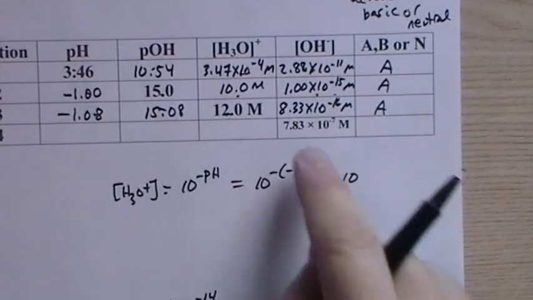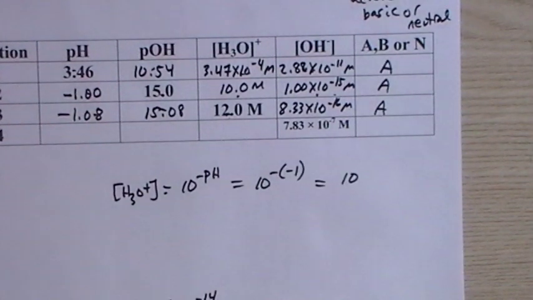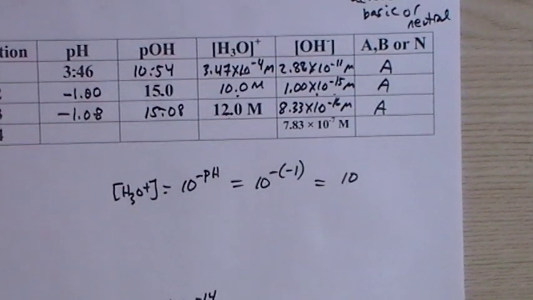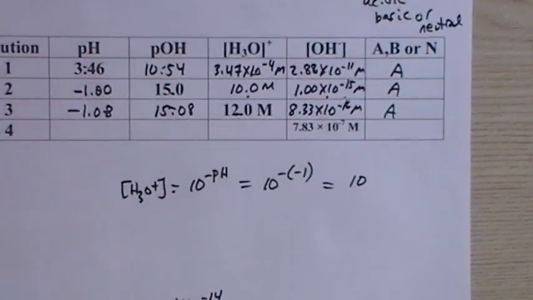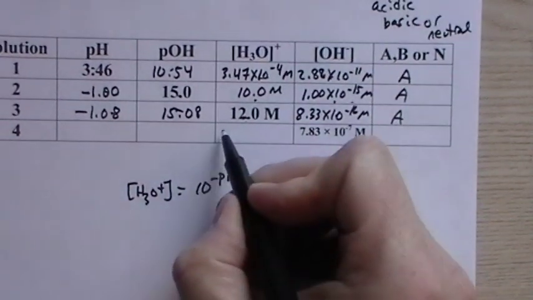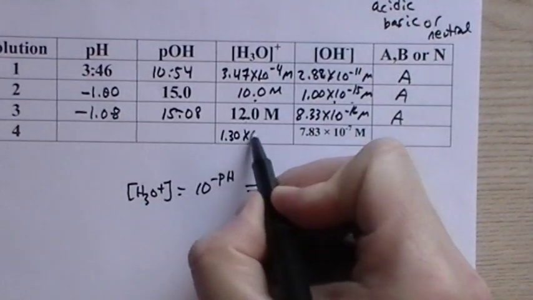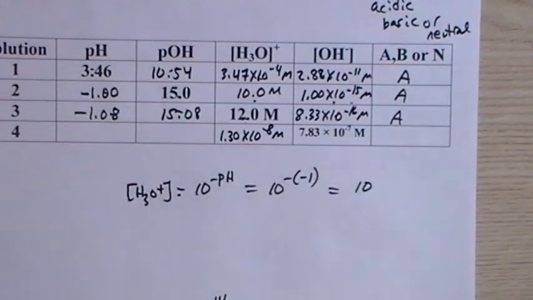Okay. Now, how about this guy here? 7.83 times 10 to the minus 7 molar OH minus. Okay. And I come up with 1.30 times 10 to the minus 8 molar H3O+. Let me double check that.